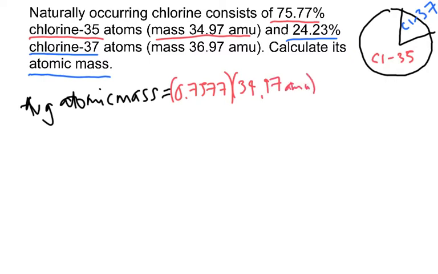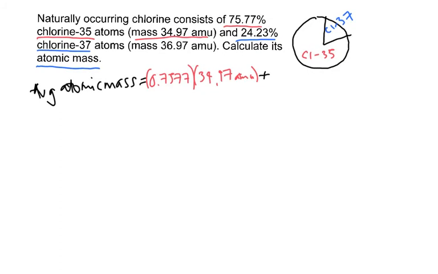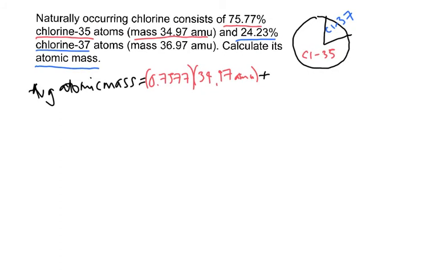Then we want to add this to the fraction that's from chlorine-37, so 0.2423 times 36.97 AMU.